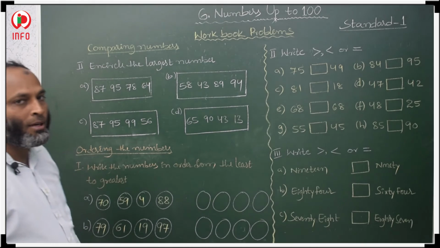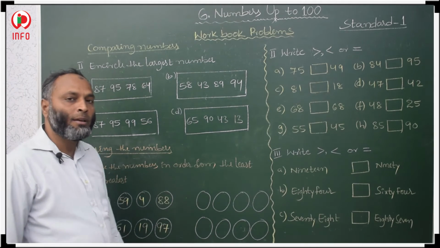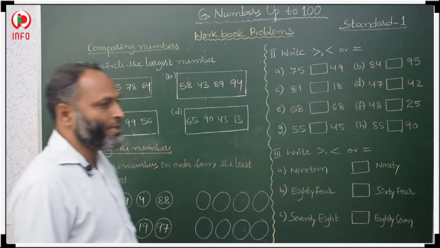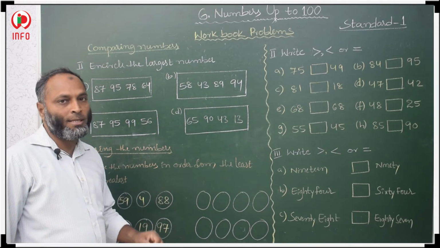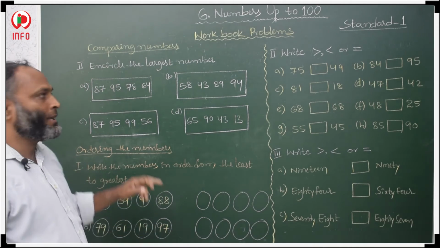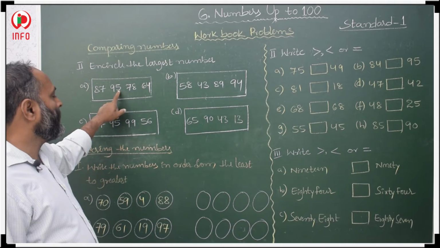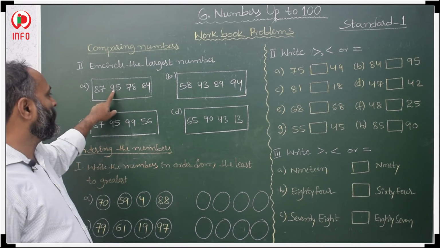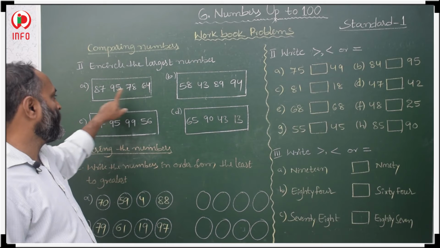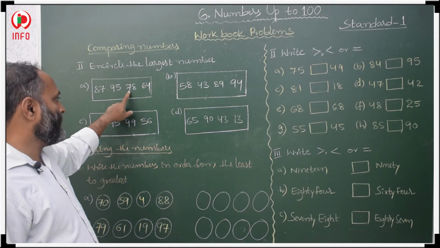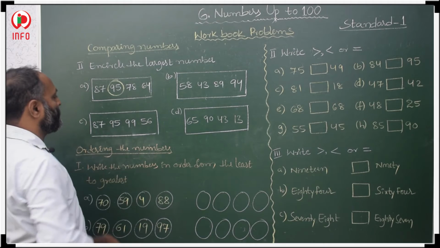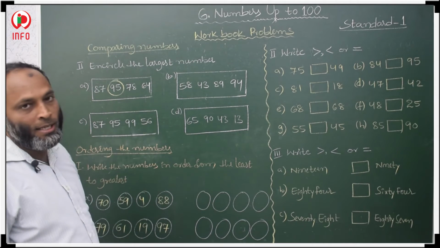How to decide the largest number? The same method. We have to check tens place. In the tens place, whichever is the largest number, that is the larger number. 87, 95, 78, 64. Here in tens place 8 is there, 9 is there, 7 is there, 6 is there. 8, 9, 7, 6. 9 is the largest, then circle that one. 95 is the largest one.